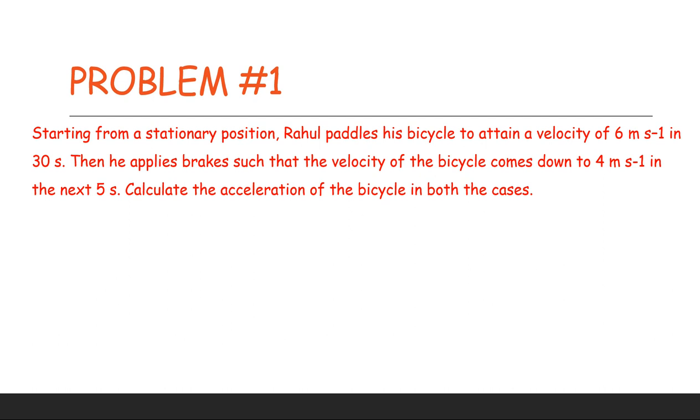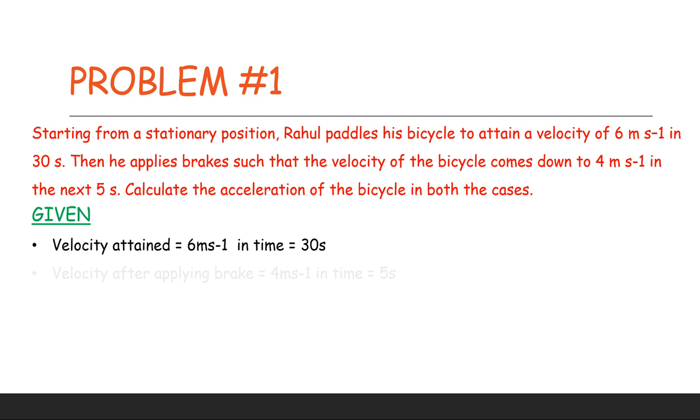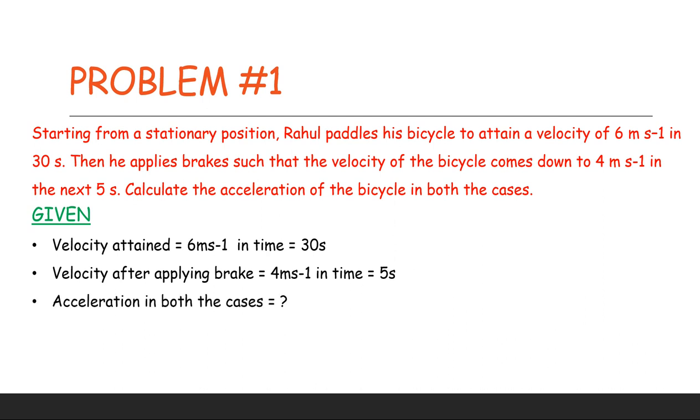The first case is when he pedals his cycle, and the second case when he applies the brake. Let us see what is given. The velocity attained in time 30 seconds is 6 meter per second, and the velocity after applying brake for time 5 seconds is 4 meter per second, and we have to find the acceleration. We know the formula, which is a is equal to v minus u by t.